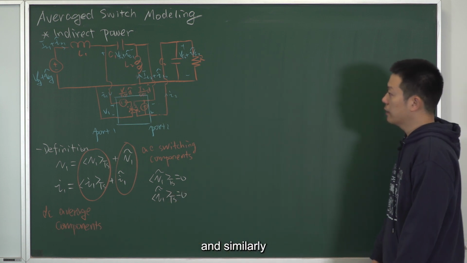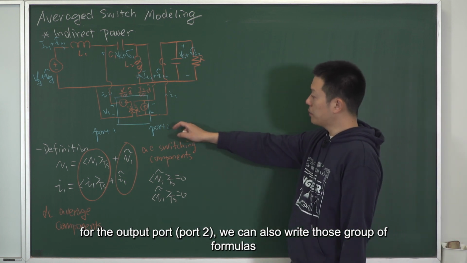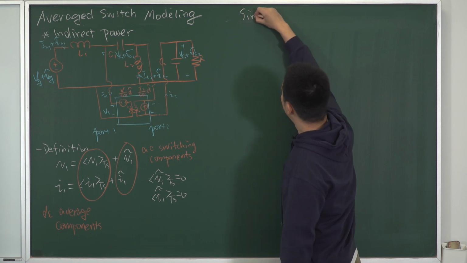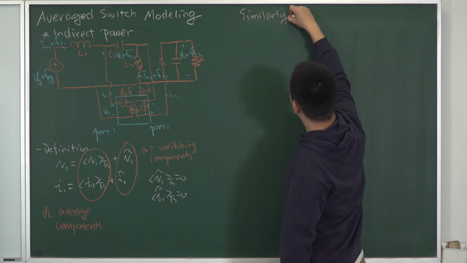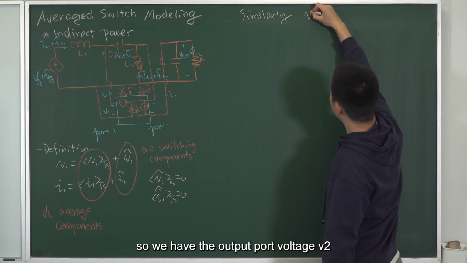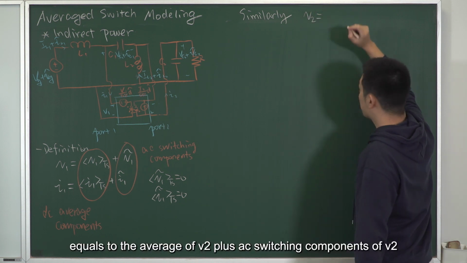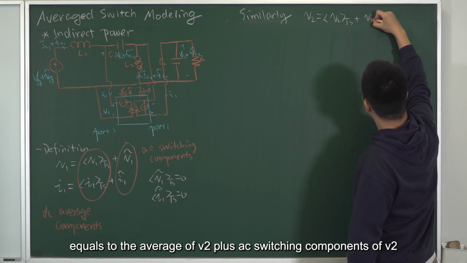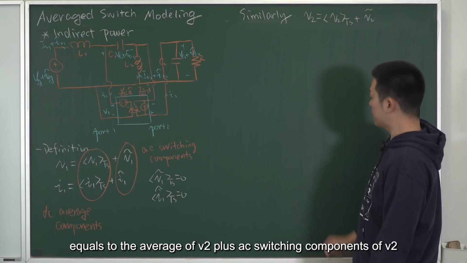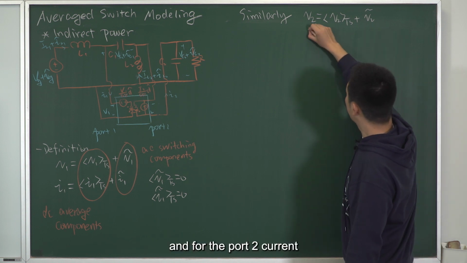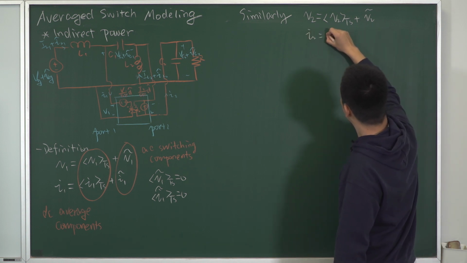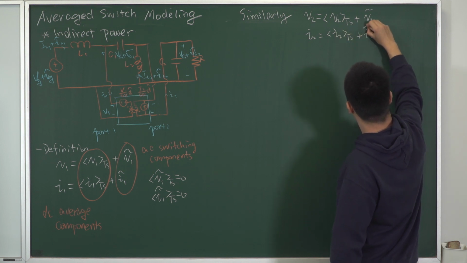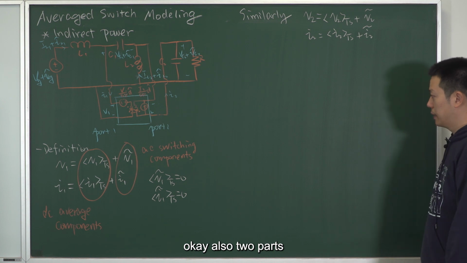And based on those features, we can later on plot its waveforms correspondingly. And similarly, for the output port, port 2, we can also write those group of formulas. So we have the output port voltage, V2, equals to the average of V2 plus AC switching components of V2, right? And for the port 2 current, also two parts.